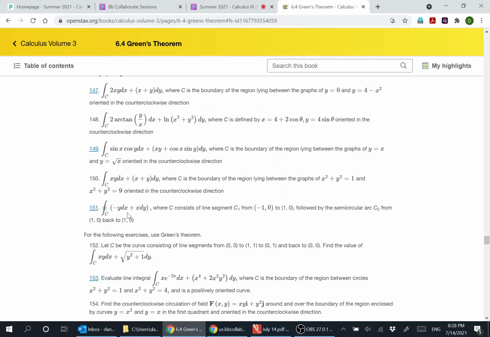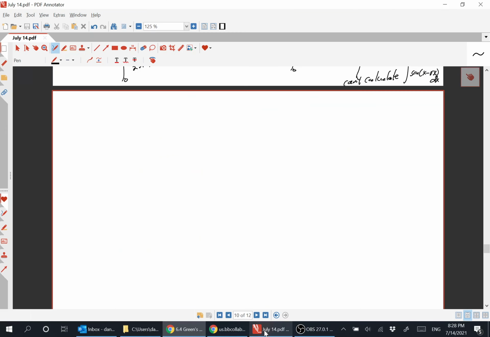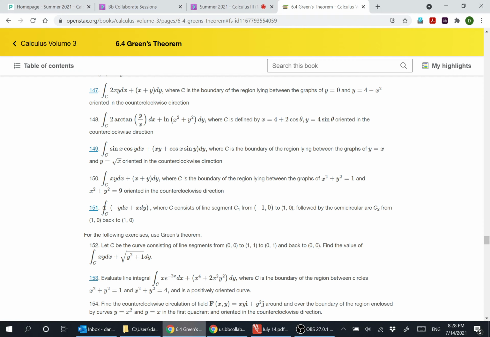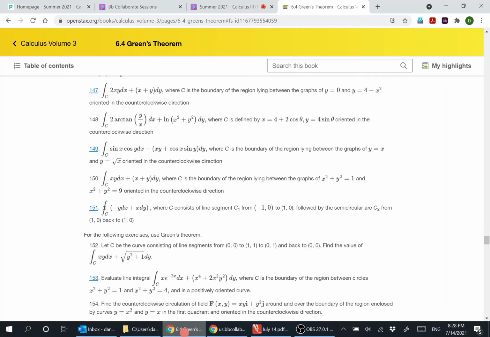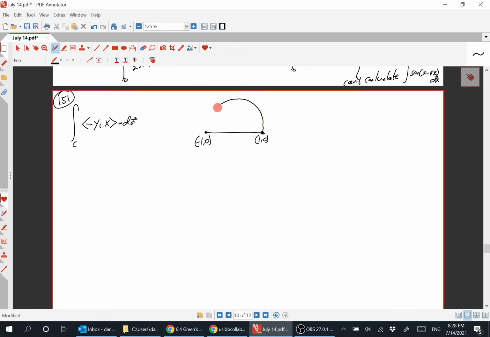So looking at a different problem, so that was 149, now 151. Calculate the line integral of minus y comma x. So that's that whirlpool vector function, minus y, x, where C consists of the line segment from -1, 0 to 1, 0, followed by the semicircular arc from 1, 0 back to -1, 0, the circle of radius 1.